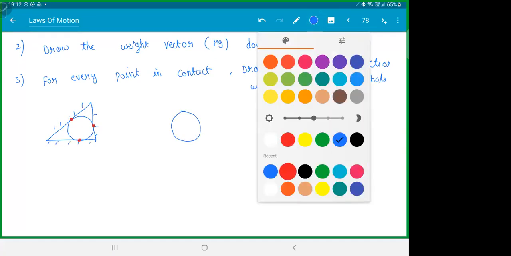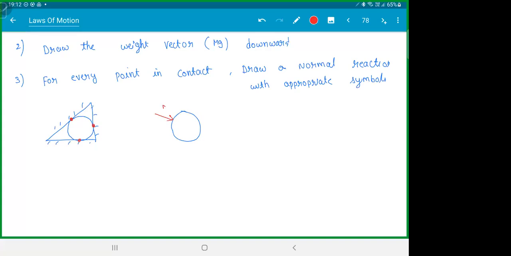So in this case, this is pushing. Let's call it N1, N2, and N3. Remember, the forces should be along the normal, and the normals meet at the center. You have to be precise. When I say appropriate symbols, N1, N2, N3, don't take N, N, N. Doesn't make sense. All three need not be equal.